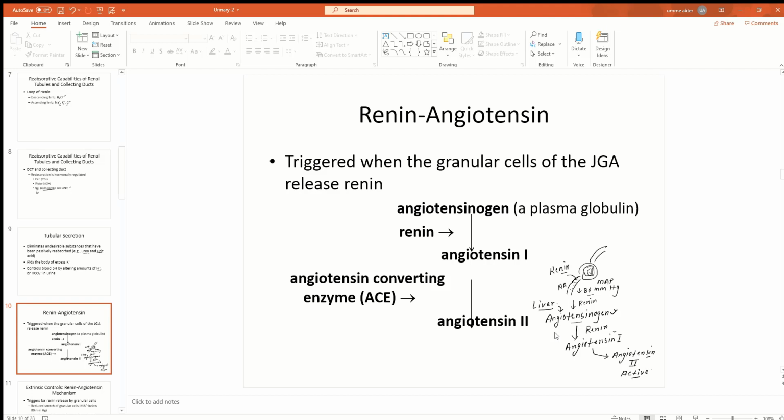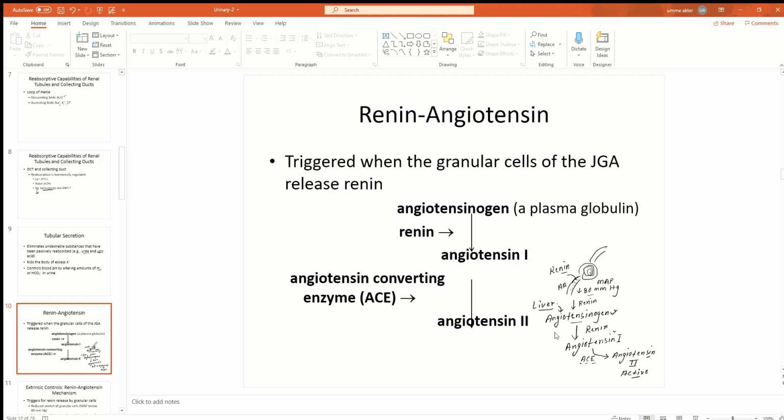So now who will convert angiotensin 1 to angiotensin 2? An enzyme that is called angiotensin converting enzyme, okay, ACE, angiotensin converting enzyme.